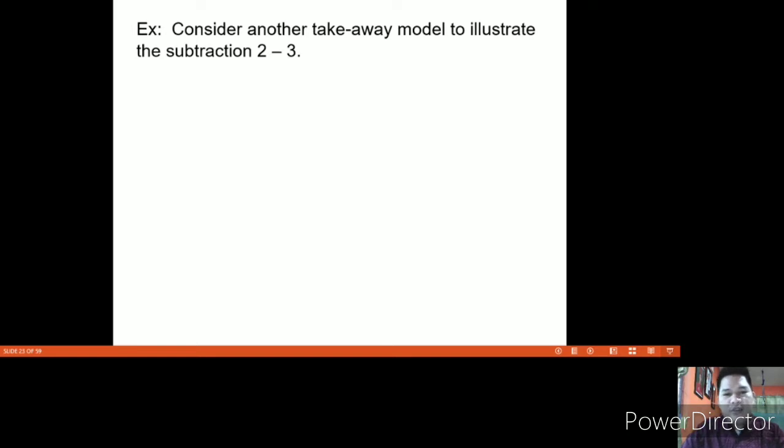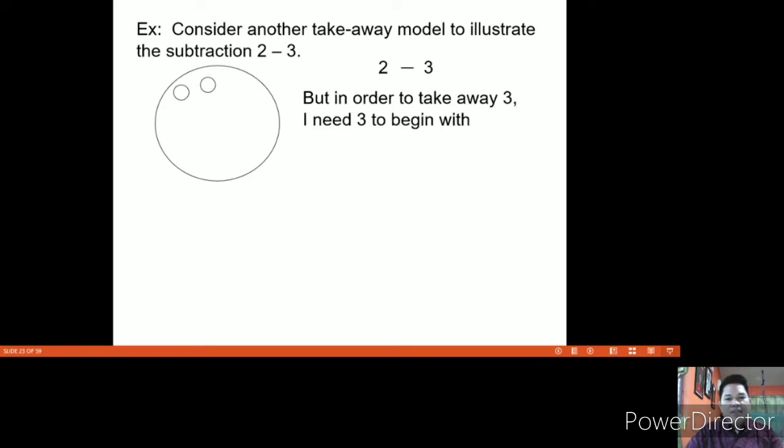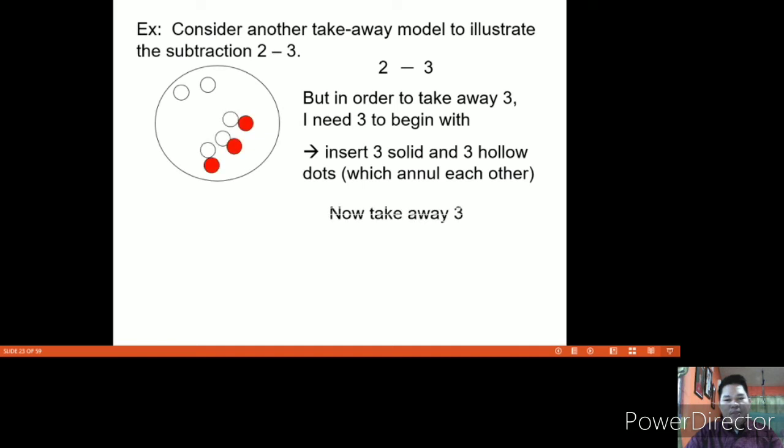Consider another takeaway model to illustrate the subtraction 2 minus 3. So we have here 2 minus 3. But in order to take away 3, I need 3 to begin with. So since we have 3 positive, to take away the 3, it should be negative. They have a pair for negative. So for example here, 3 is paired with another solid dots so that it will be annulled or collapse.